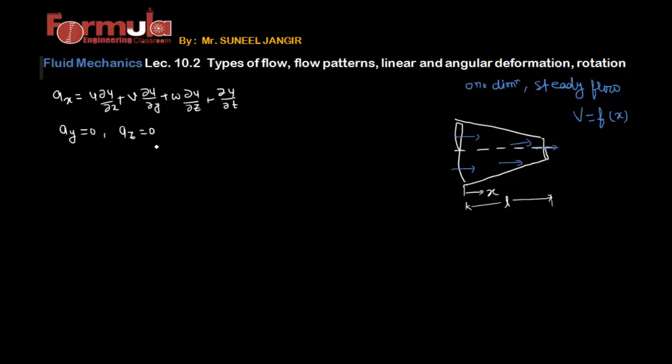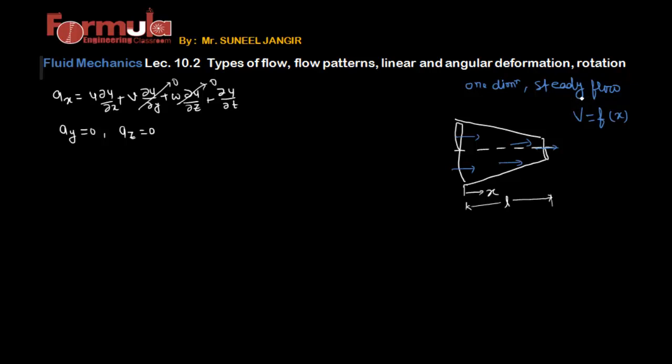Now, as velocity is not a function of y and z, obviously the terms v del u upon del y and w del u upon del z are also going to be 0 in this case. Also one more thing, the flow is steady. When the flow is steady, the variation of flow parameters with respect to time is going to be 0.